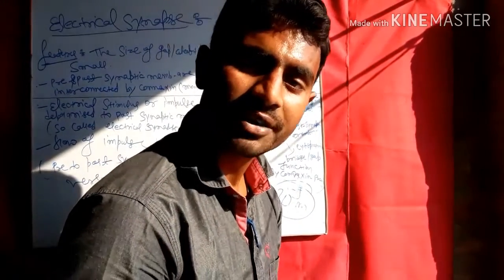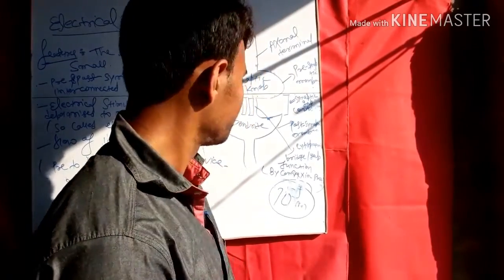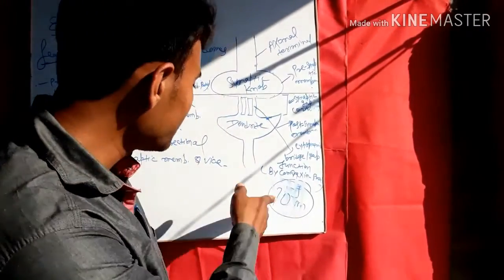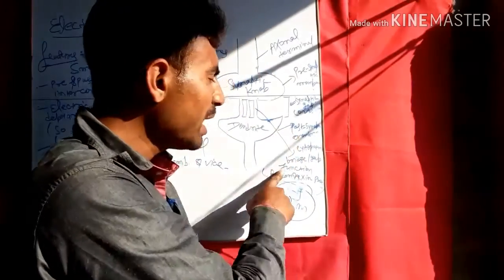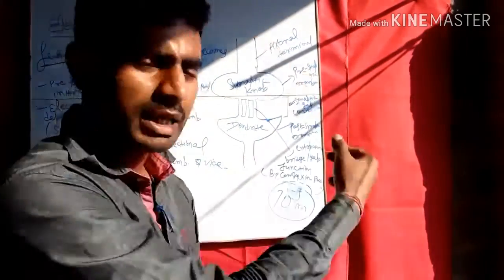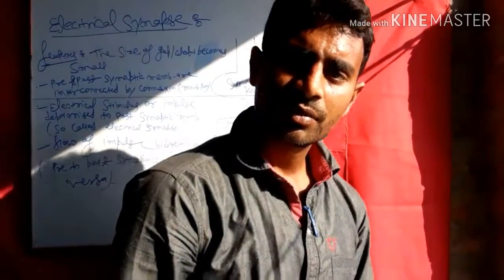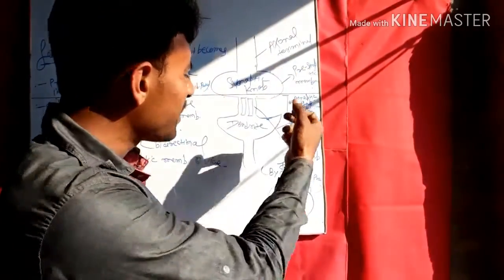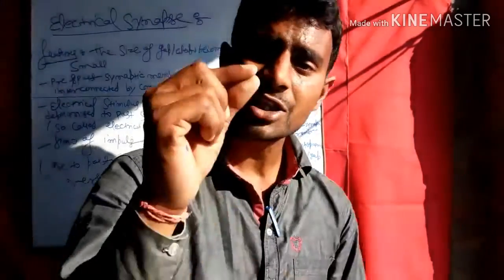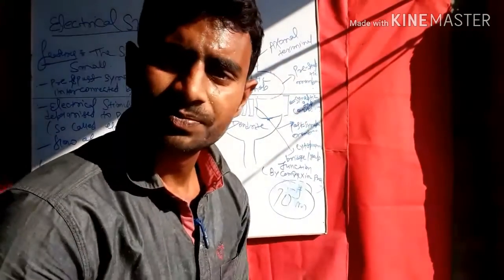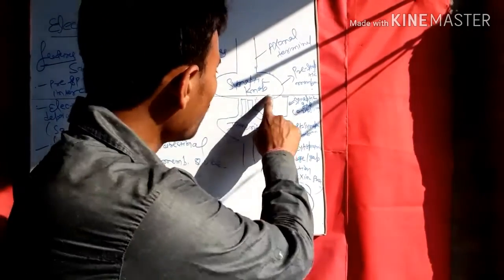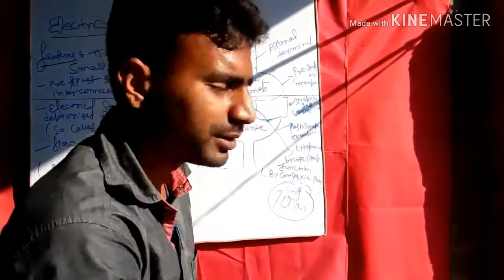For the flow of impulse. In the electrical synapse, the flow of impulse is bidirectional: from the presynaptic membrane to the postsynaptic membrane and from the postsynaptic membrane to the presynaptic membrane. Between the presynaptic and postsynaptic membranes a very small gap of 0.2 to 10 nanometer is present, called the synaptic gap.